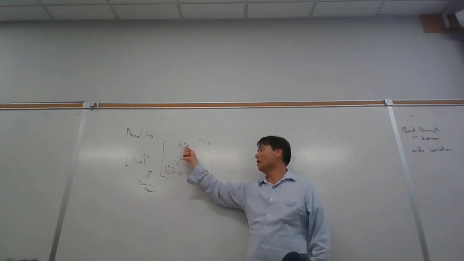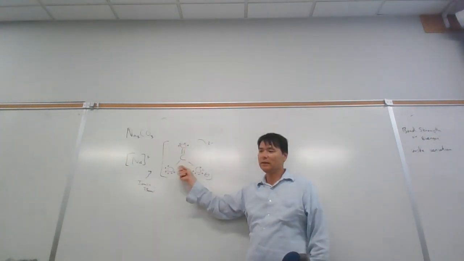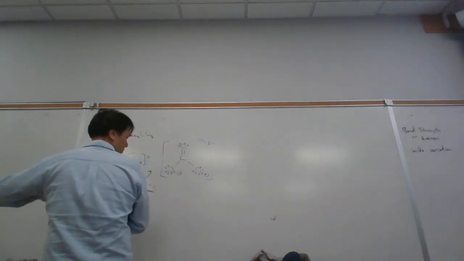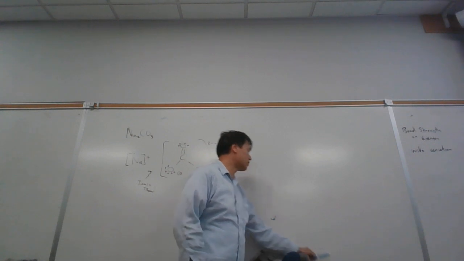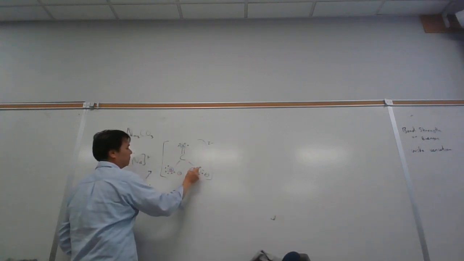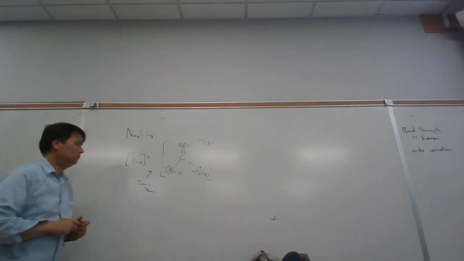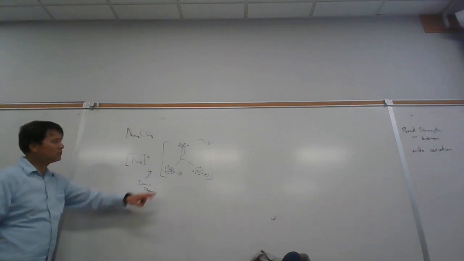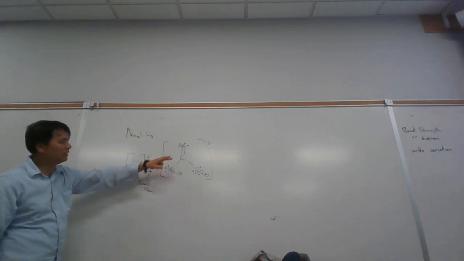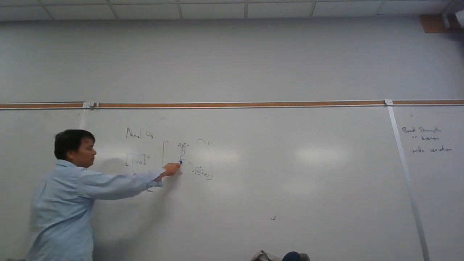And so if I call these oxygens A, B, C, then there's going to be a difference in where the electron density is. This one's showing the electron density between oxygen A and carbon.